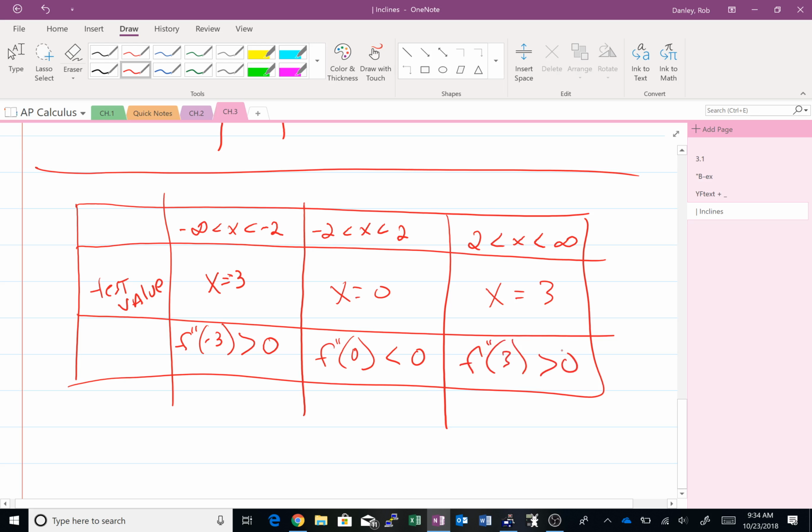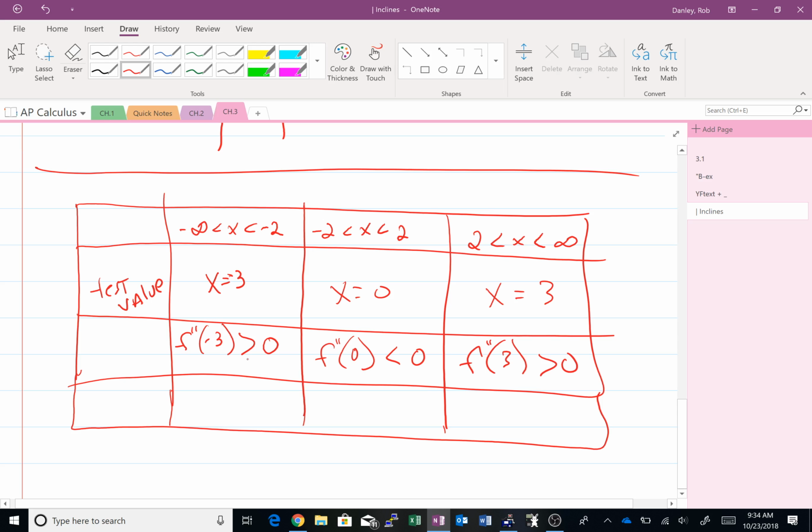Tell me the concavity. I'm not even telling you a function. We're going to have a couple of these on the quiz Friday. I'm not giving you a picture or a function, but based off the definition, what can you conclude? In the interval from negative infinity to negative 2, is it concave up or concave down?